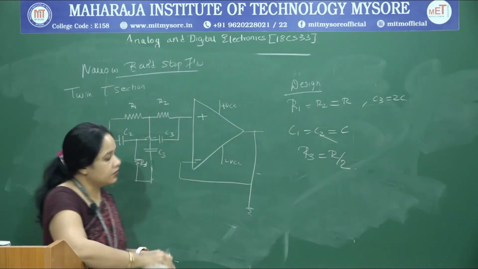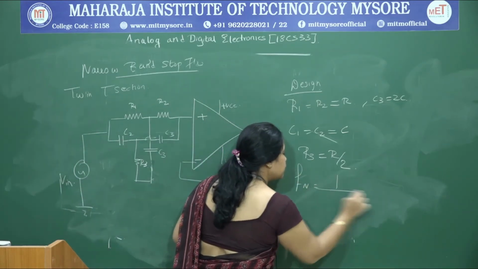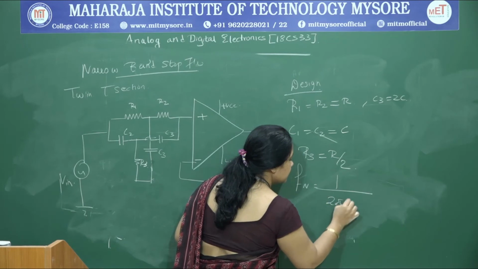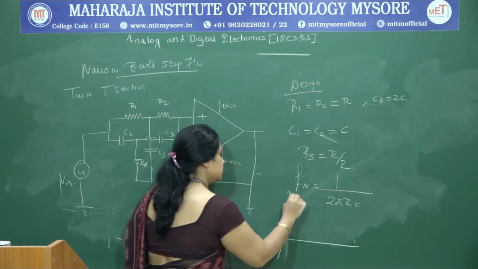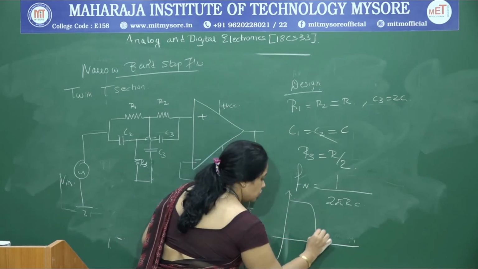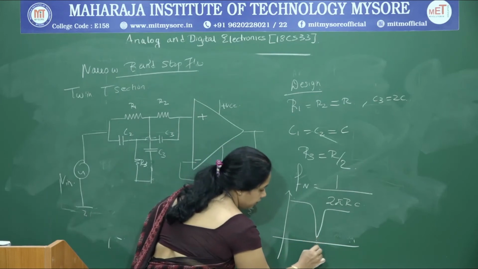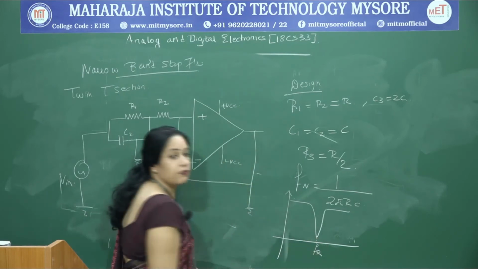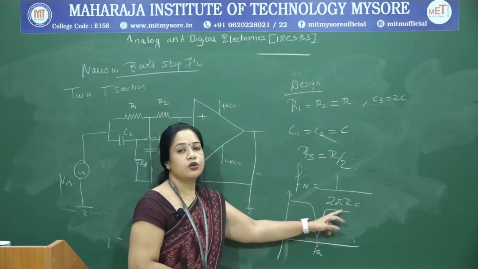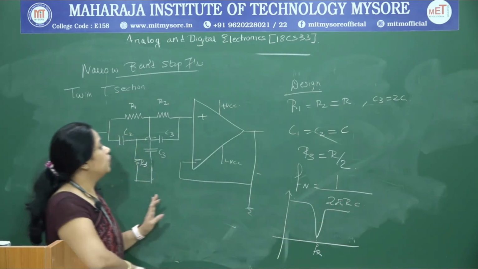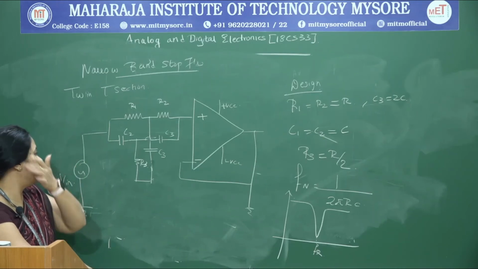These are the design equations, and the notch frequency, that is the frequency at which the attenuation is maximum, is given by 1 by 2 pi RC. You tend to get a frequency response something like this, and the frequency at which the attenuation is maximum we call the notch frequency. So, this is how you design a narrow band stop filter.